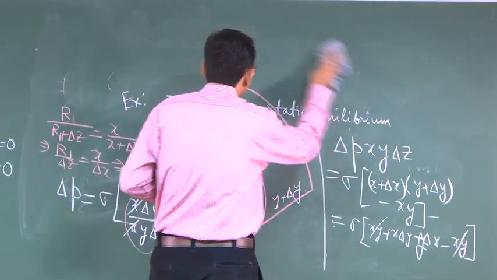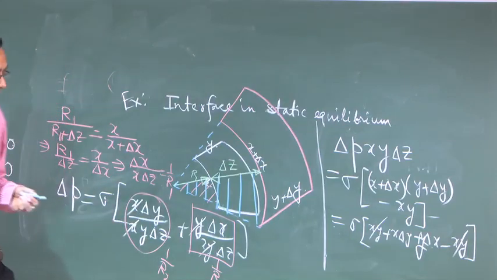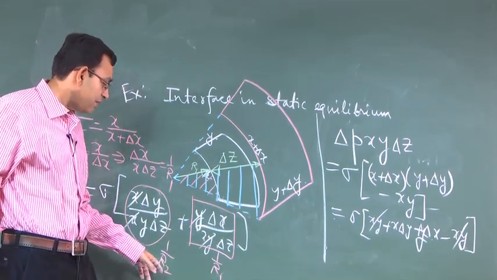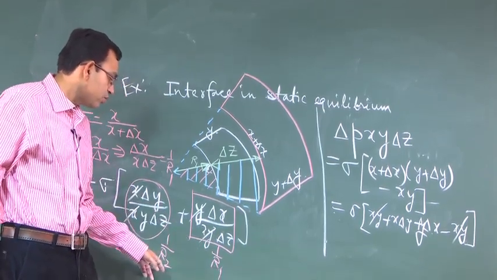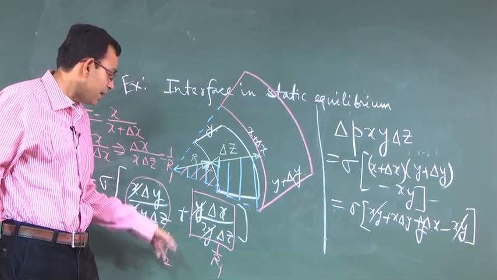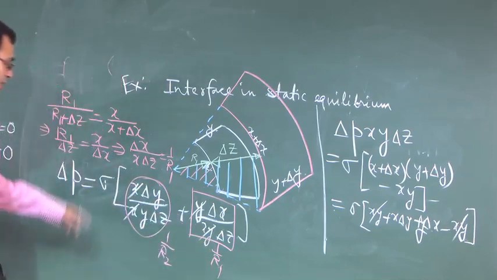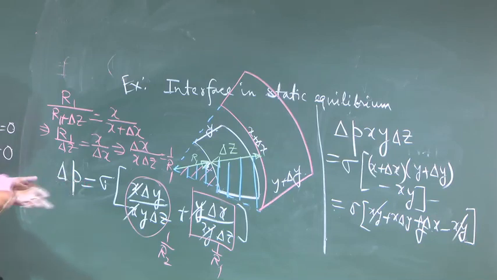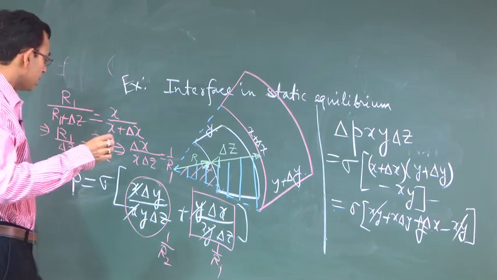Now, this is under static equilibrium. So, if the interface is flat, then R1 and R2 tend to infinity, so 1 by R1 and 1 by R2 will be 0, that means there is no pressure difference across the interface.